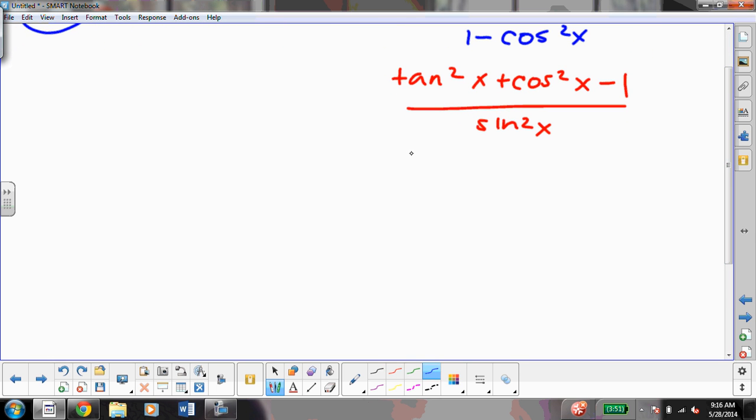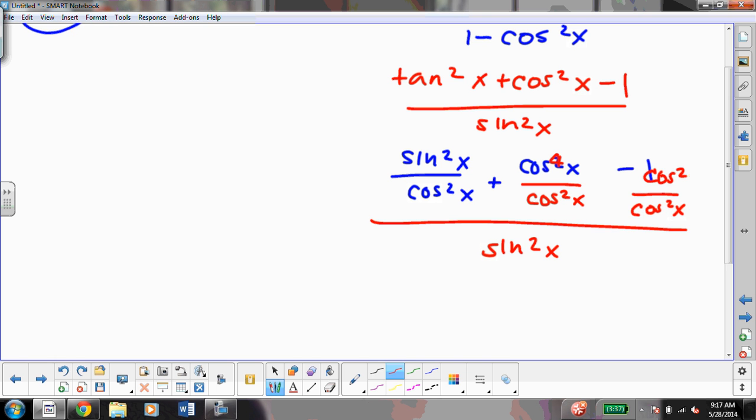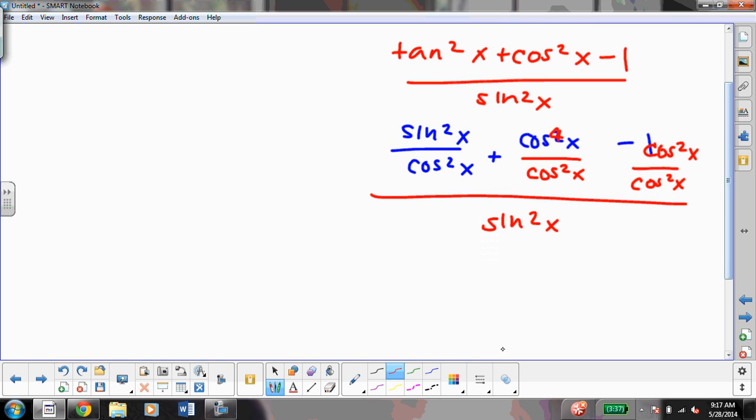Then with the top of the fraction, I wrote everything in terms of sine and cosine. And then I got common denominators, so this last fraction will be cosine squared over cosine squared.